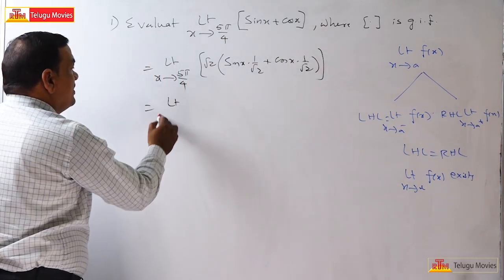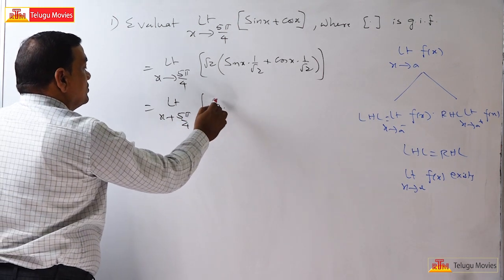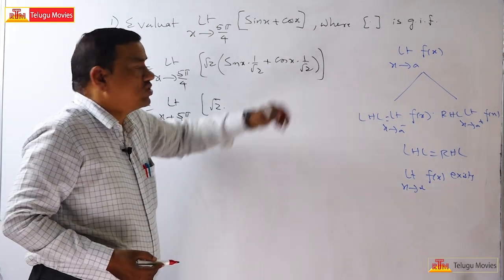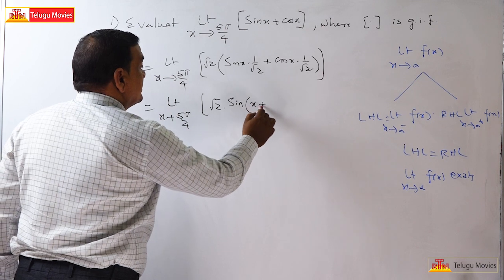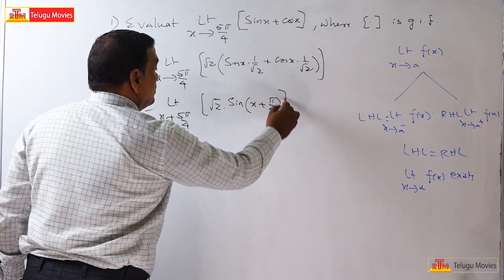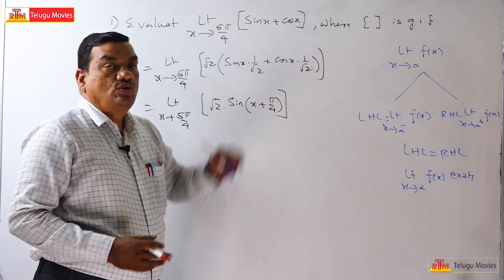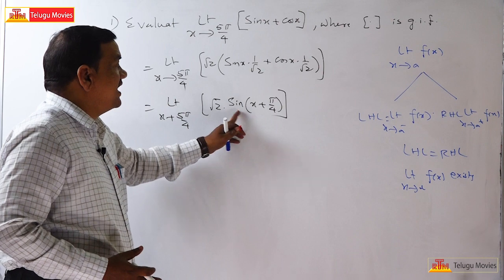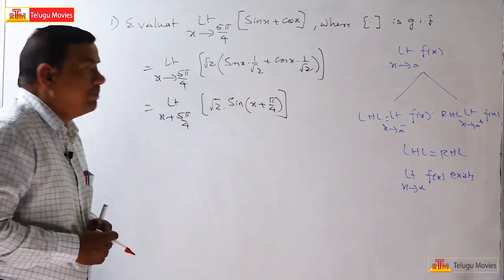So this is the limit as x tends to 5 pi by 4 of step of root 2 into sin a cos pi by 4 plus cos a sin pi by 4. We know that this is sin of x plus pi by 4. Understand? So two trigonometric expressions I am able to write successfully as a single trigonometric function, that is root 2 sin of x plus pi by 4.